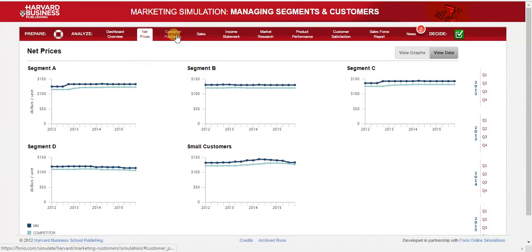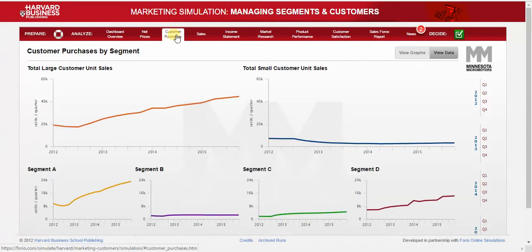The customer purchases tab shows us how much of the product was purchased by the customer. Here on the left, we have the total large customer sales, and on the right, we have the total small unit sales. Here, we have the sales tab, which shows the total sales in the dollar amount that was spent for large and small customers.